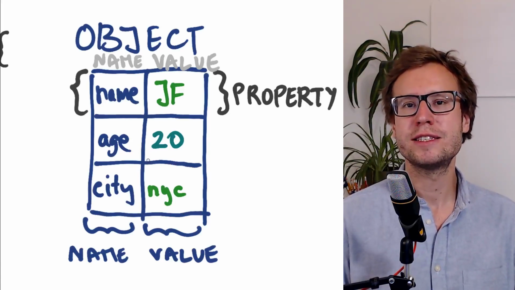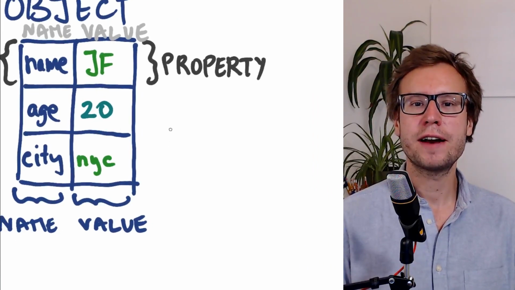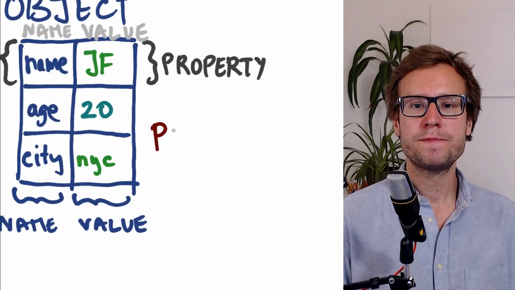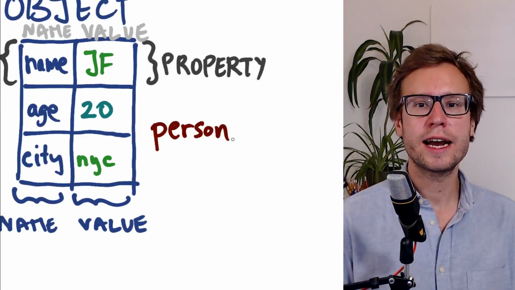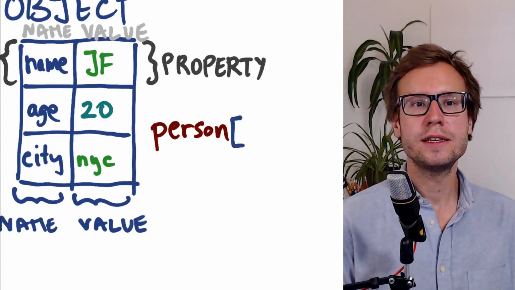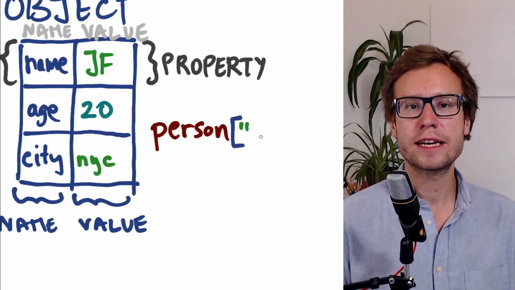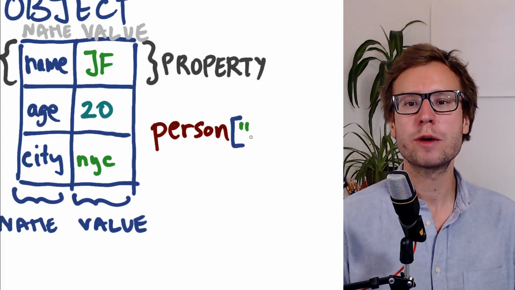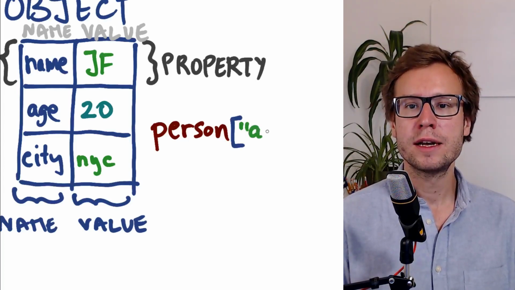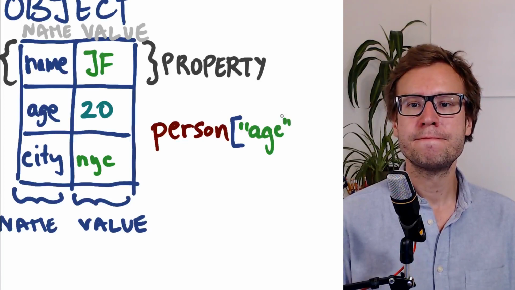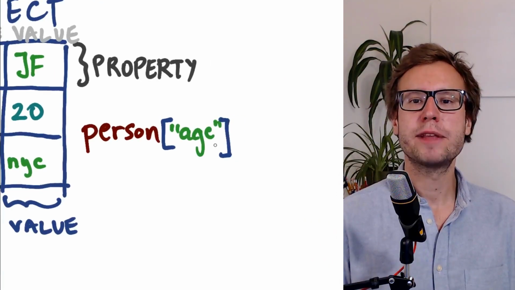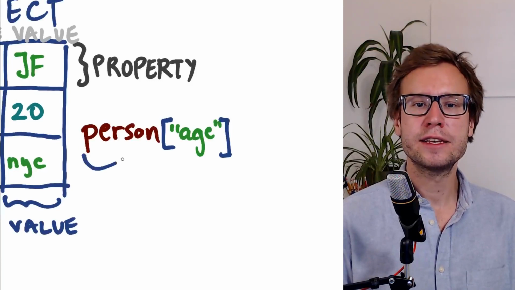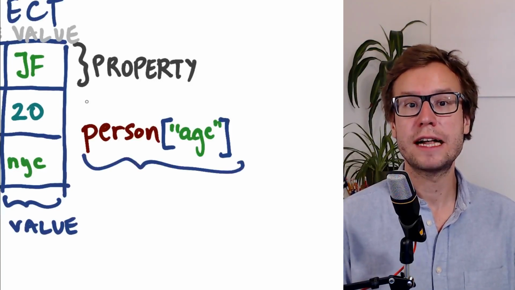And we also know that in terms of syntax, if I were to use this value here, which I called person, then one way that I could access the properties is to use the bracket notation, specifically the square bracket notation. Give it the property name that I want to access, and then this will evaluate to the value that I'm looking for.